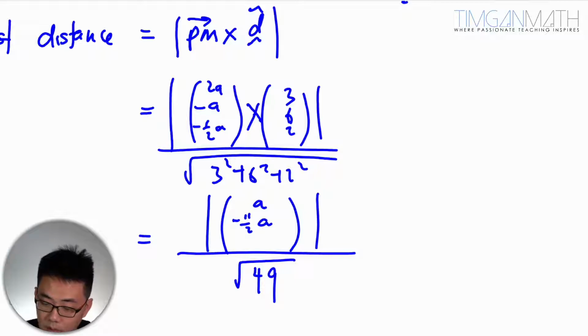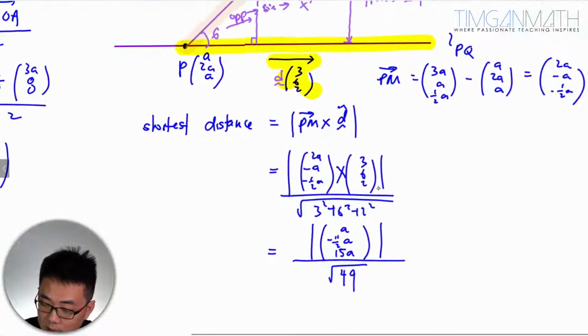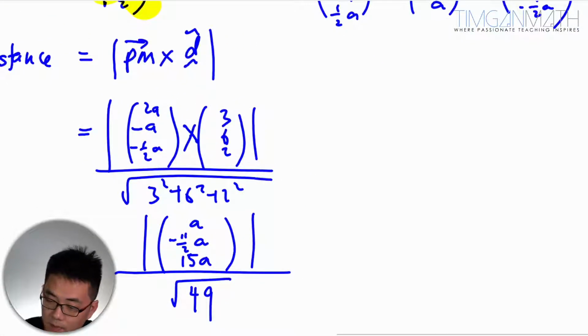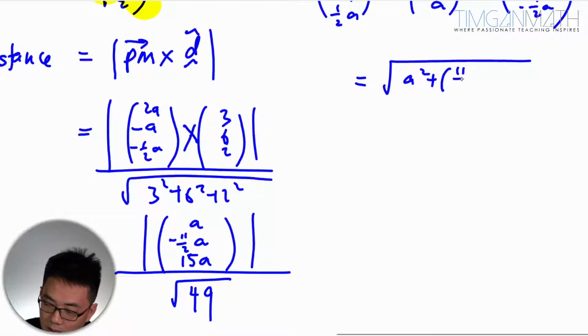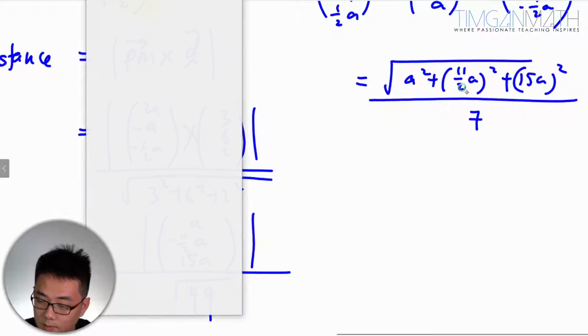If you're not too sure, please refer to this. You're supposed to know how to do it, so I'm not going to explain this part. So if you want to take the modulus of this part, this will be the square root of the squares, plus 11 over 2a squared plus 15a squared over 7.